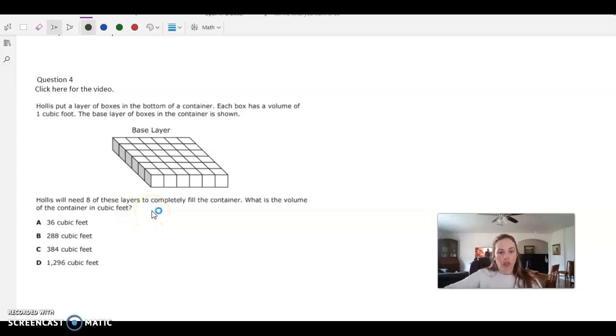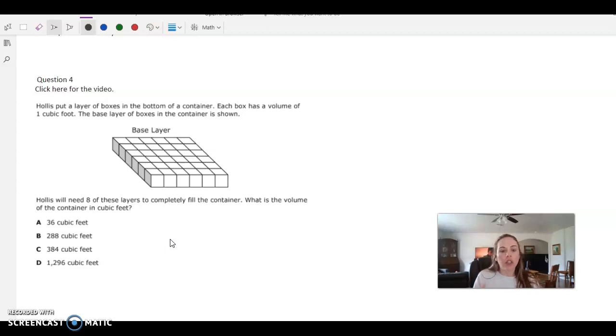So it's saying that she needs this base layer and then she needs 8 of them to fill up the container. And so it's asking, once she puts all those layers in, what's the volume? Okay, well, we know that volume is how many cubes can fit inside of the container.